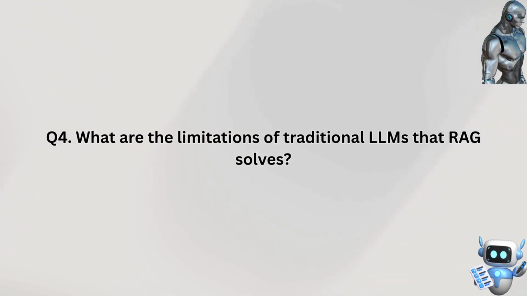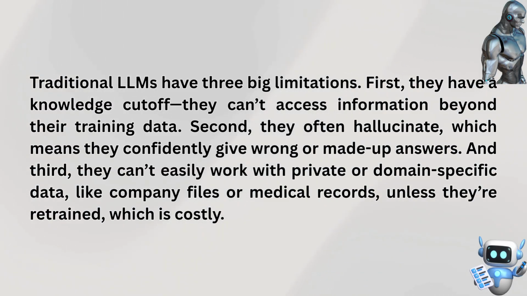What are the limitations of traditional LLMs that RAG solves? Traditional LLMs have three big limitations. First, they have a knowledge cutoff. They can't access information beyond their training data. Second, they often hallucinate, which means they confidently give wrong or made-up answers. And third, they can't easily work with private or domain-specific data, like company files or medical records, unless they're retrained, which is costly.